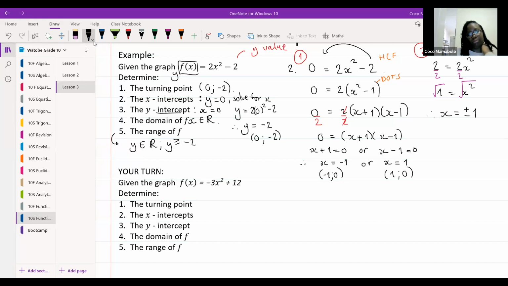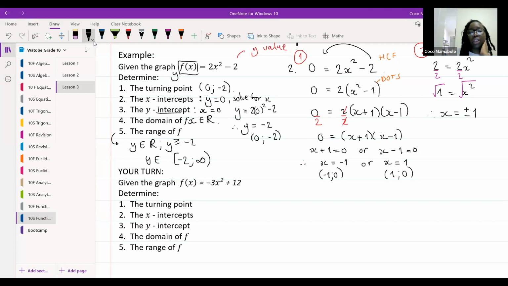Our range is y is an element of included 0, infinity excluded. So ma'am, when you say it is greater or equal to, it confuses me because now I don't know which one is the y, is it going to be on the y-axis or x-axis, because we do it like coordinates.